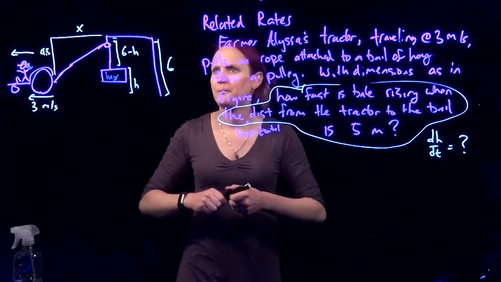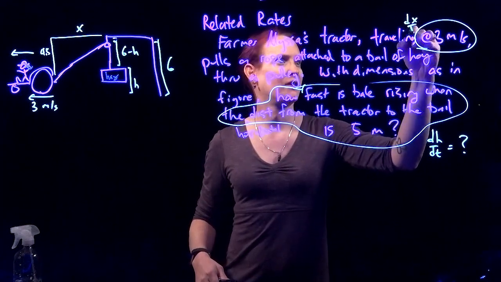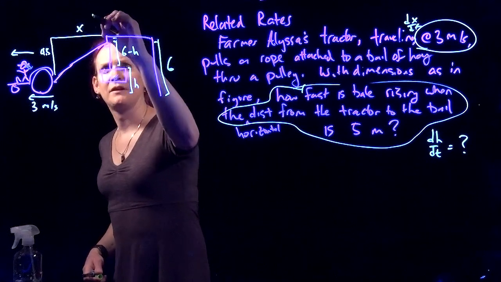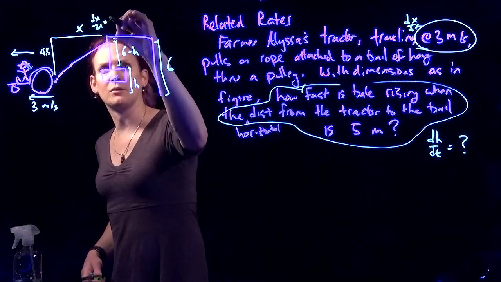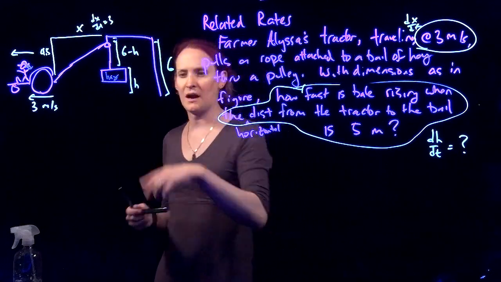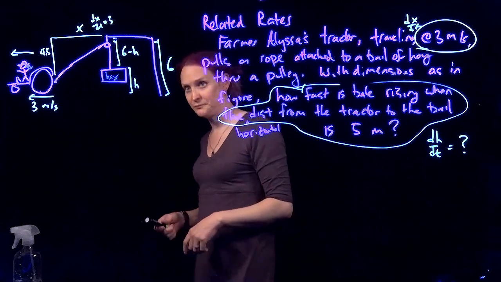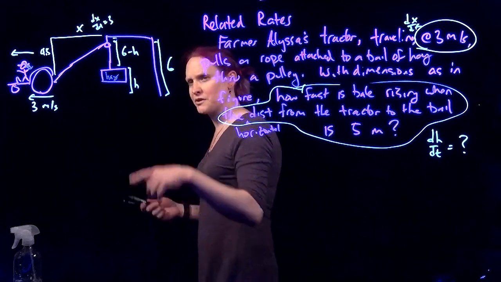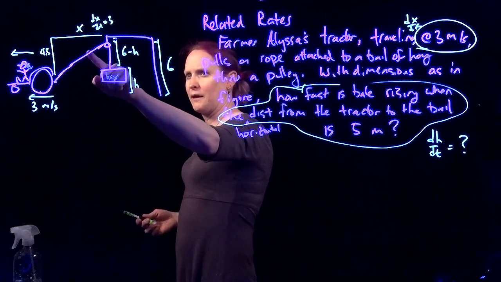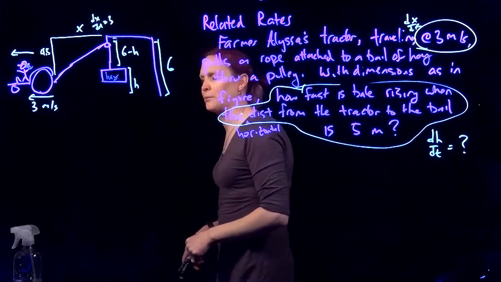Okay. So the tractor traveling at 3 meters per second means that dx dt equals 3. And we want to know what dh dt is when x is equal to 5. There's a conserved quantity right here in the length of the rope, right?